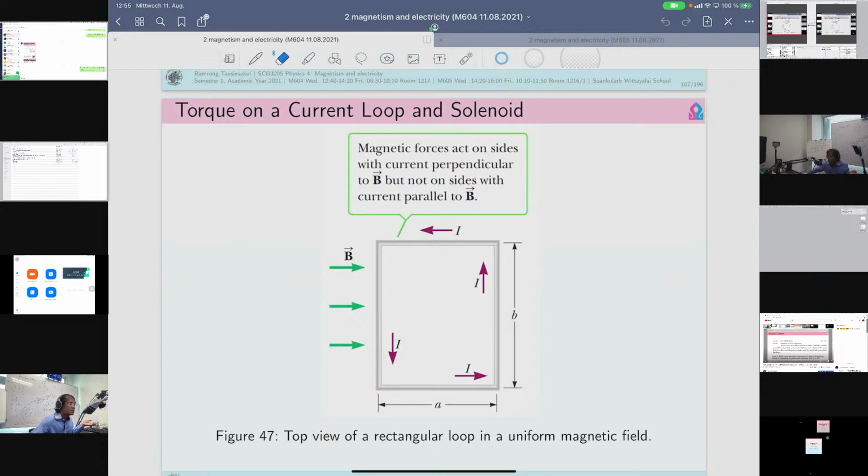You can arrange the shape of the conductor in any way, whether it's circle, oval or ellipse, or ellipsoid or something like that. It's also possible, but at the beginning step we're going to consider only the rectangular shape.